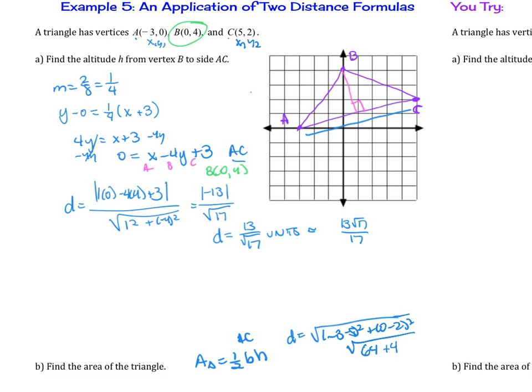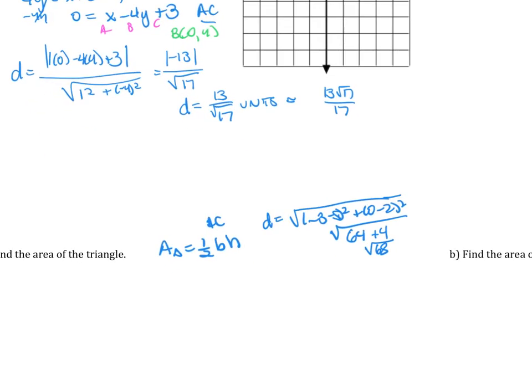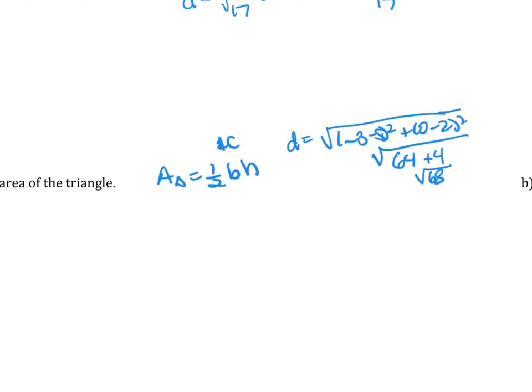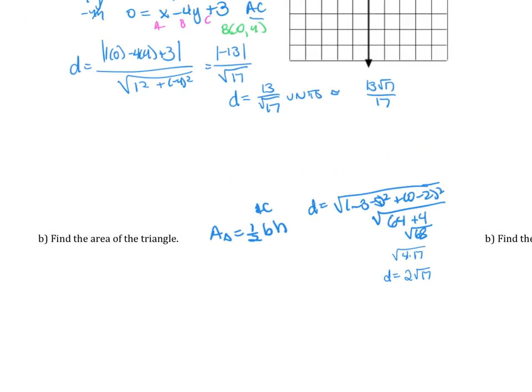So this is 64 plus 4, which is the square root of 68. And then we need to simplify that. Square root of 68, I know that 4 goes into it, so that's 4 times 17. So the distance is 2 root 17 for AC.